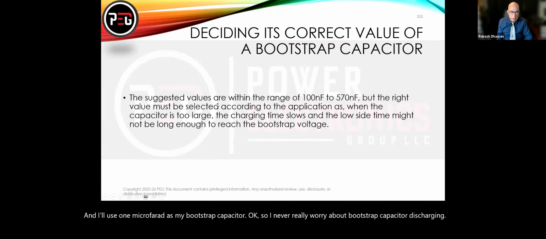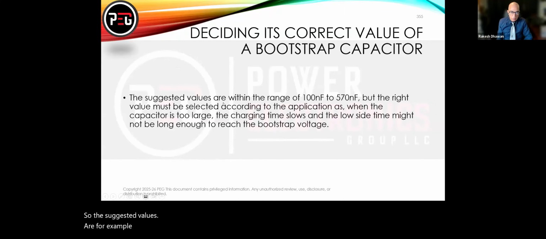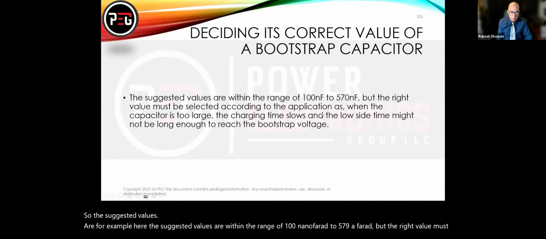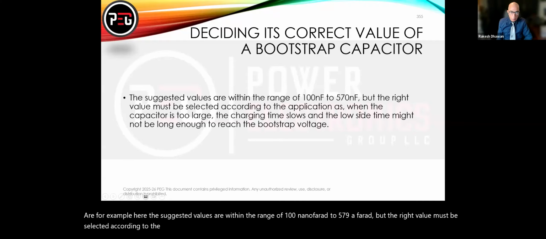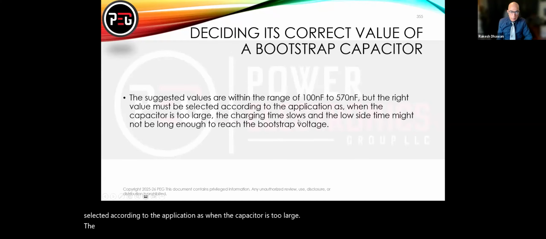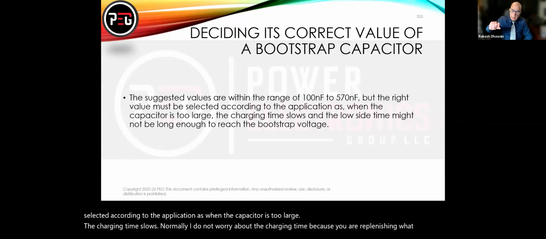So the suggested values, for example, here it says the suggested values are within the range of 100 nanofarad to 570 nanofarad, but the right value must be selected according to the application, as when the capacitor is too large, the charging time slows. Normally, I do not worry about the charging time because you are replenishing what you take away in driving the top gate.